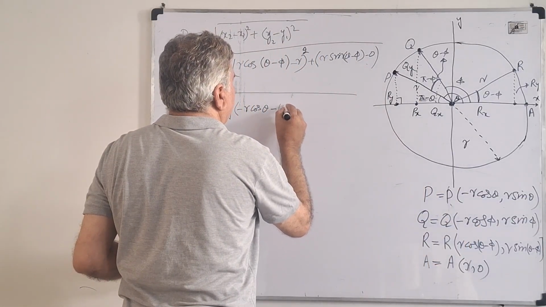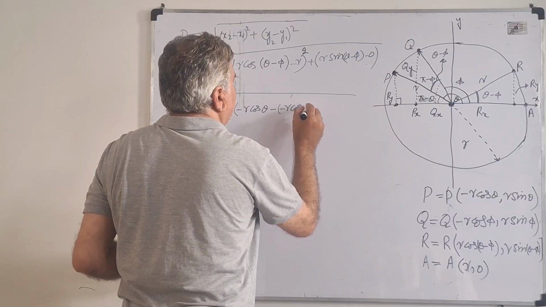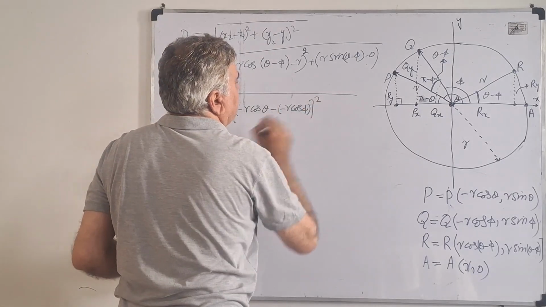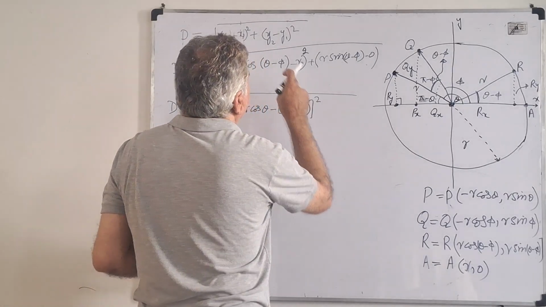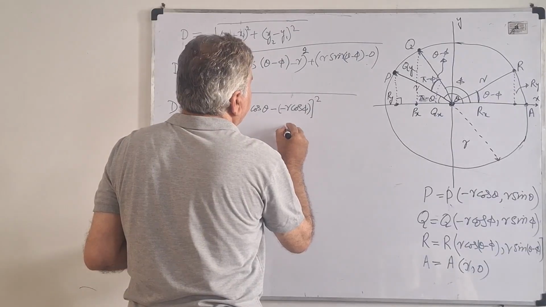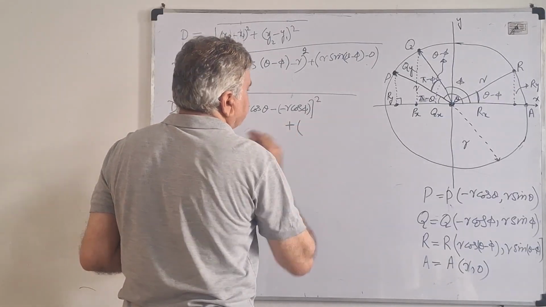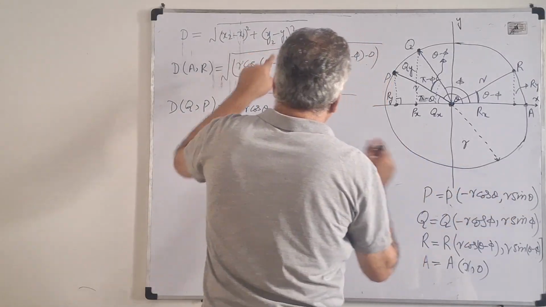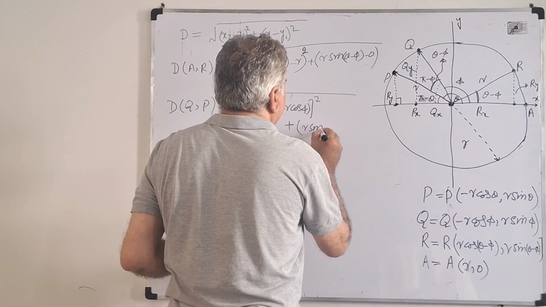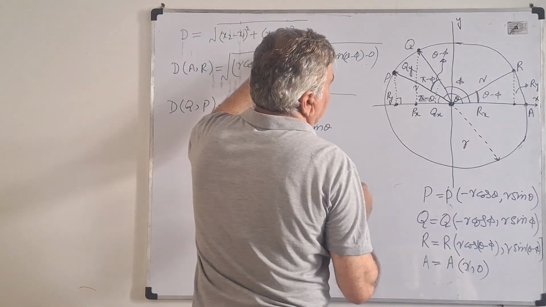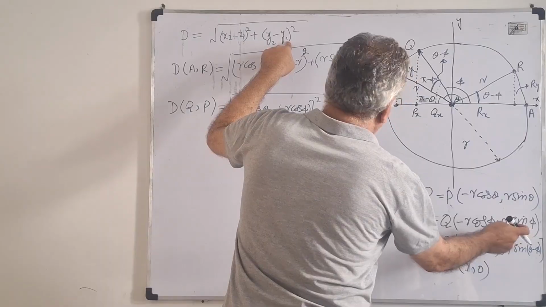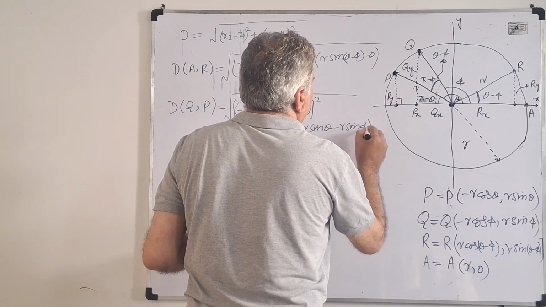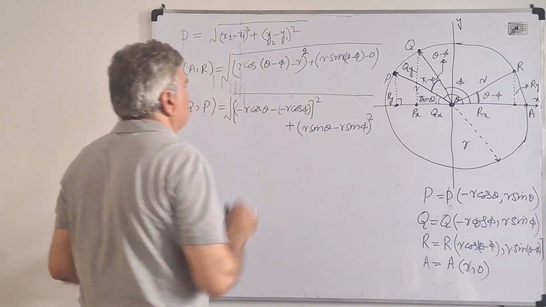So I write minus r cos theta minus minus r cos phi, whole squared. Then the second part: y2 is r sin theta, and y1 is the coordinate of Q, which is r sin phi, so r sin theta minus r sin phi, squared. The whole thing is under the square root.